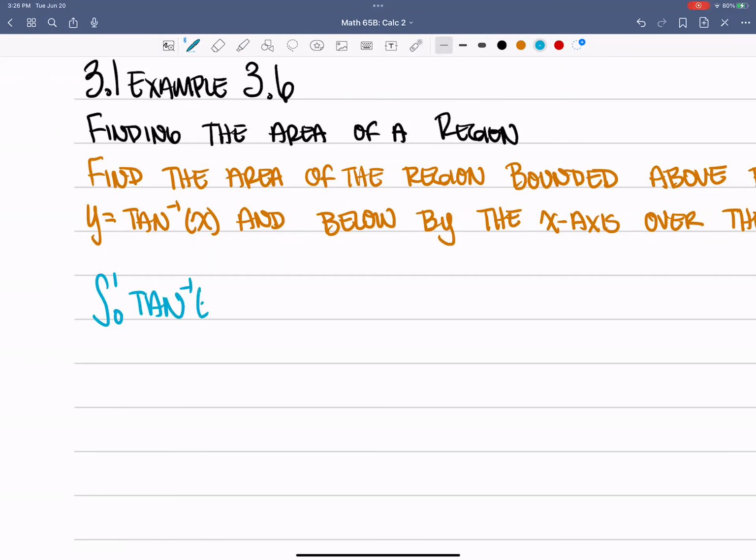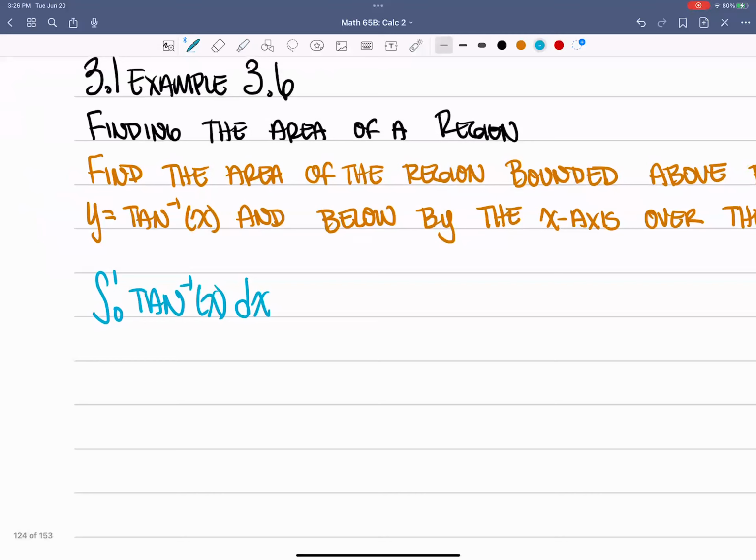So we're looking at the integral from 0 to 1 of tangent inverse of x dx. I know this feels weird, but let u equal tangent inverse of x, and dv is going to be equal to dx.